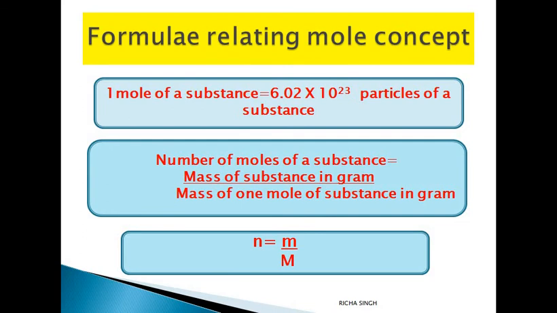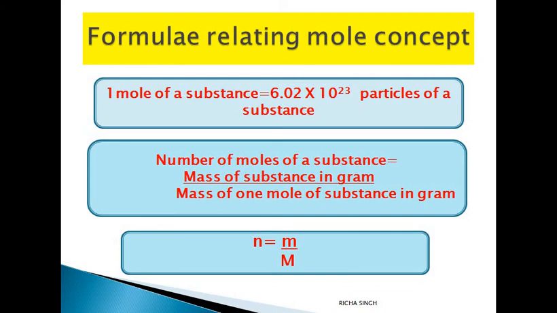Now let's quickly revise some of the formulas which are important for understanding the mole concept. Once again I am repeating, 1 mole of a substance is always equal to 6.022 into 10 raised to the power 23 particles. It can be atoms, molecules, electrons, ions, anything. Now, when you have to calculate the number of moles of a substance, how will you calculate?